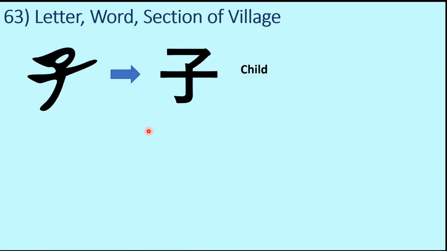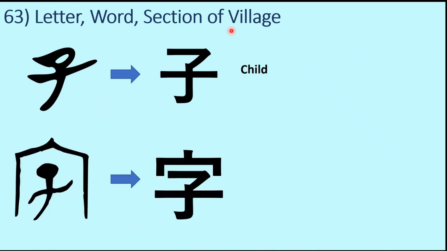Now let's see how it was evolved. We have seen this in one of our previous lessons in which we studied this kanji symbol for child. So this was the ancient symbol, and from that the modern symbol for child was derived. You can see the similarity between these two. So from this child, now the kanji character for letter, word or section of village has developed.